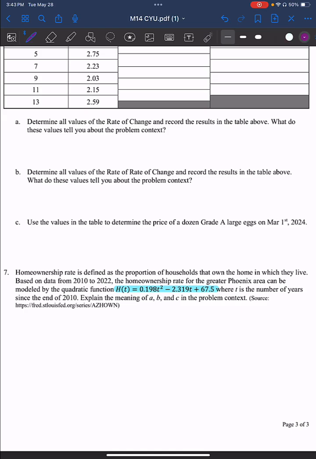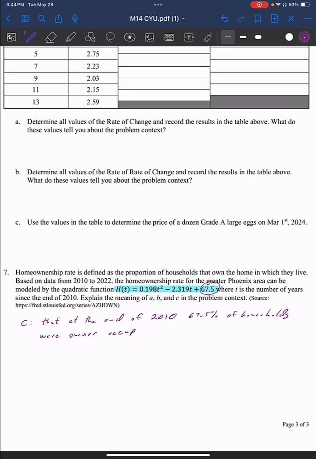Okay, so we always start with C, which is a 67.5 value, and that tells us that at the end of 2010, 67.5% of households were owner occupied.